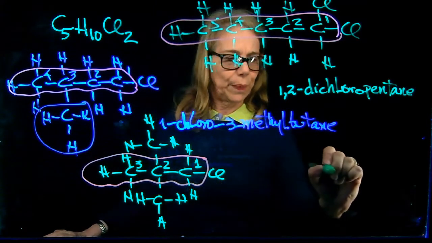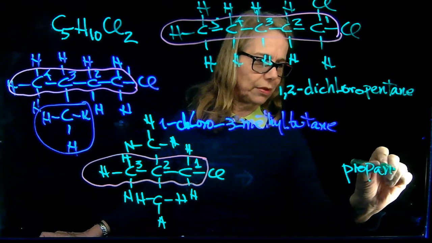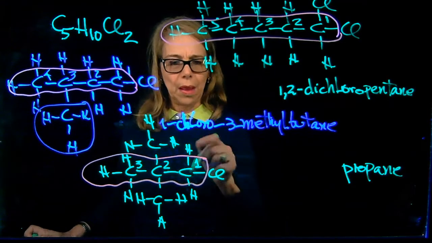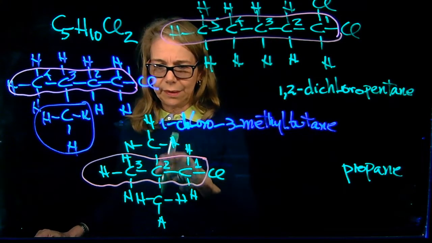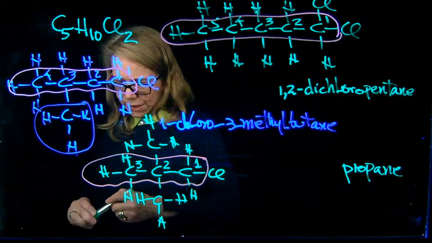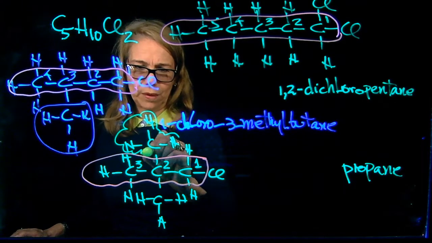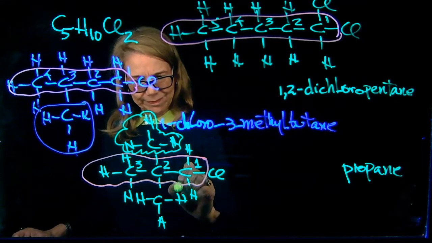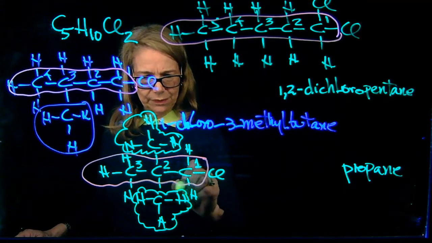This is propane. So the longest chain has 3 carbons. But now in carbon number 1, I have a chloro. And then in carbon number 2, I have 2 methyl groups, which I'm going to circle. Let's identify that. So that's 1 methyl group, and this is another methyl group, right?